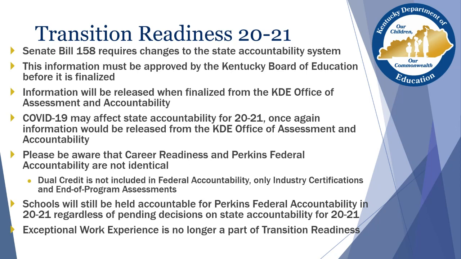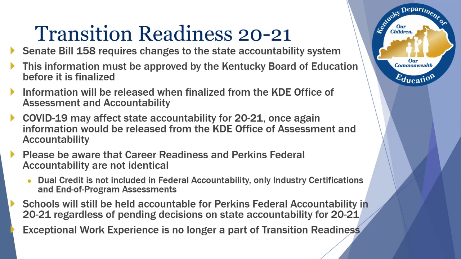So if you have students taking 6 dual credits, that's great for their transition readiness and school accountability. But unfortunately, that was not in our state plan for Perkins. So your student would need to pass an industry certification in order to be considered in the Perkins accountability model. Hopefully that's not too confusing.